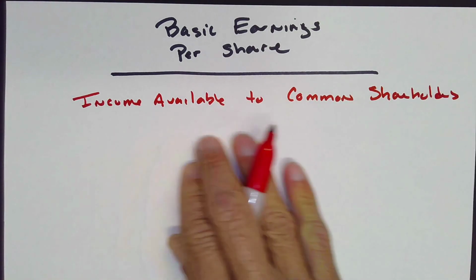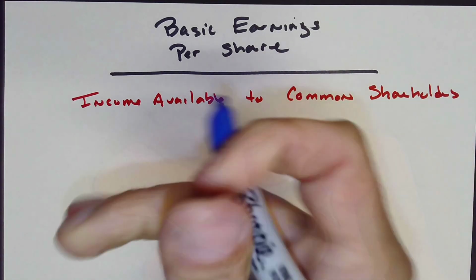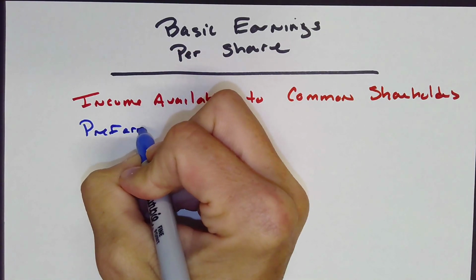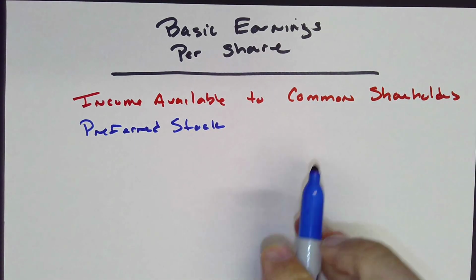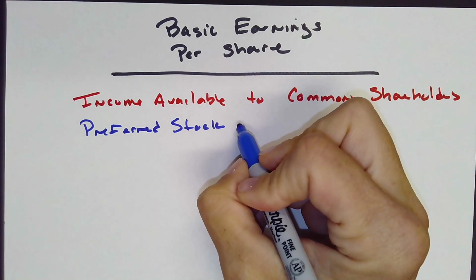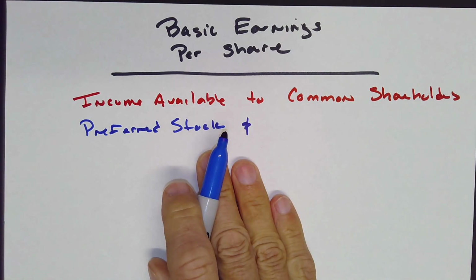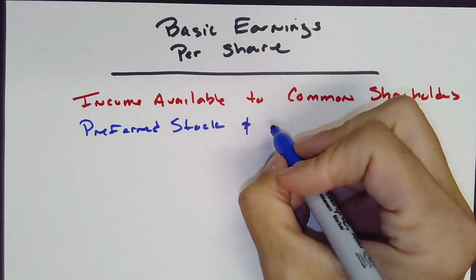So if the organization has preferred stock and they pay dividends, both conditions have to exist.